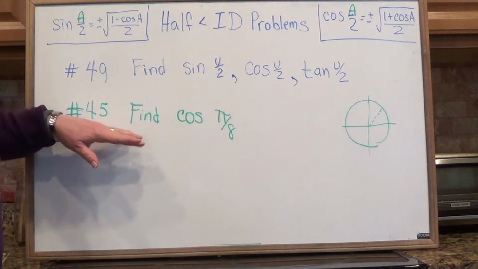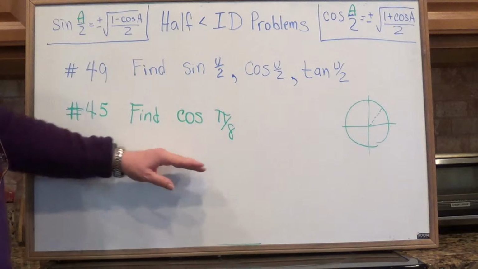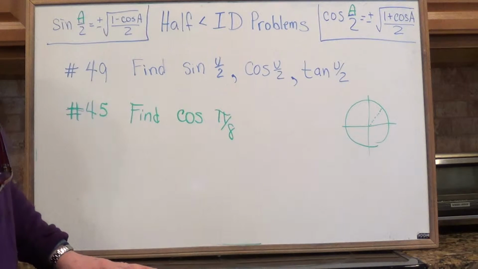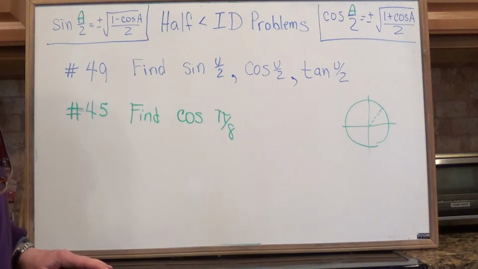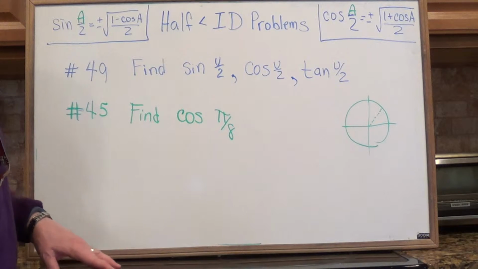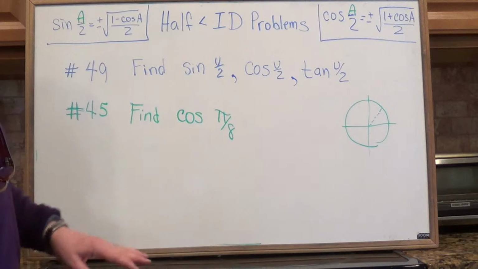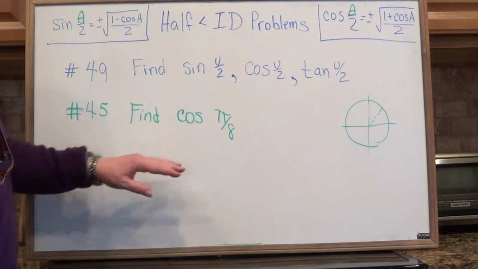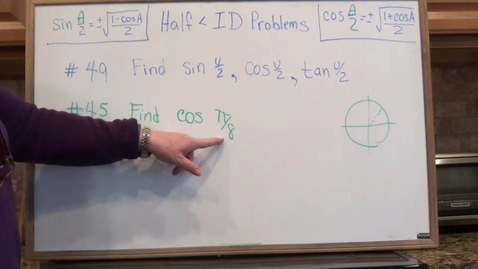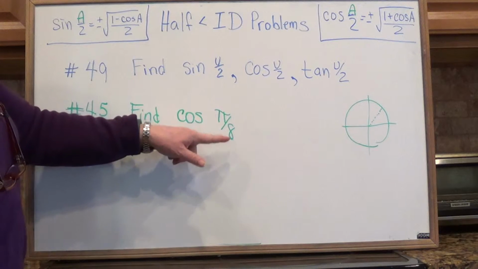I want to start by addressing number 45, and I understand that some of you have finished that one. I don't intend to do the whole thing, but for the sake of those who haven't gotten there, and for those who have, I just want to talk a minute about the cosine of pi over 8.